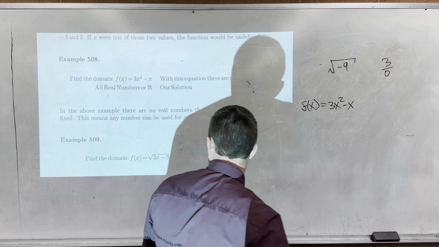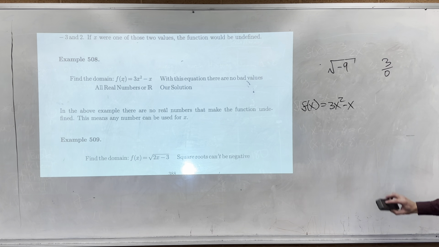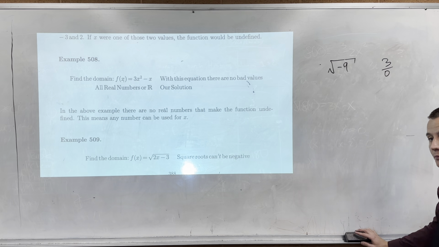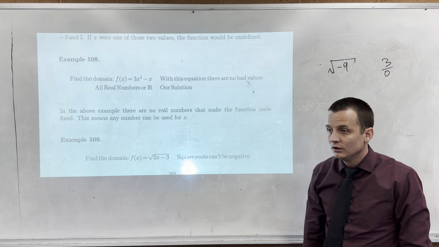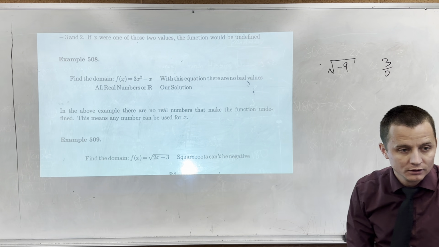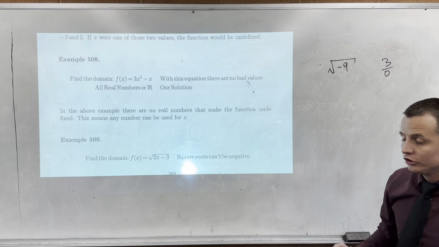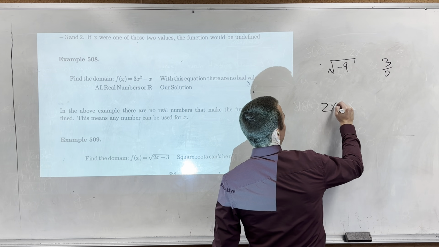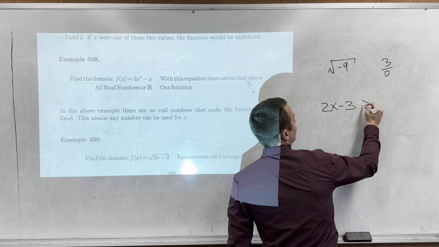Uh-oh, square root symbol. We should already be on our guard. What can't we do? We can't take the square root of a negative number and get a real number. So I can't have 2x minus 3 be negative. So 2x minus 3 has to always be greater than or equal to 0.